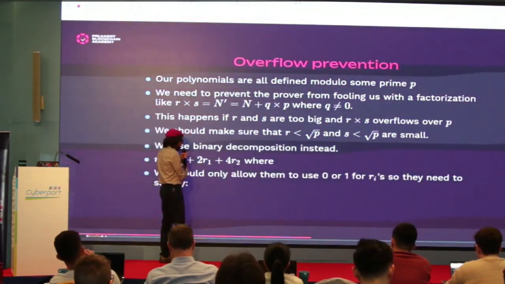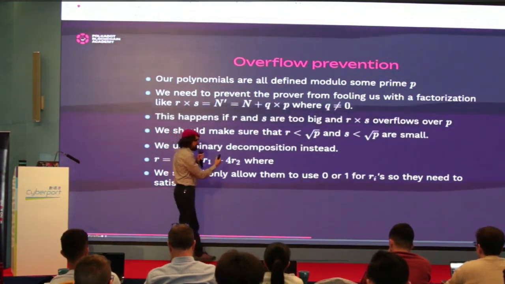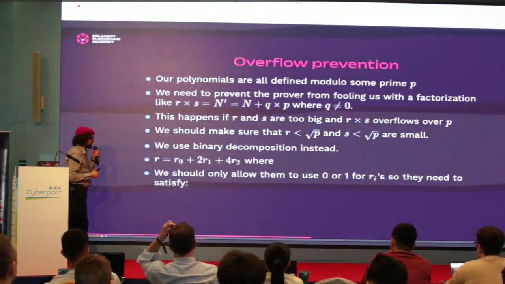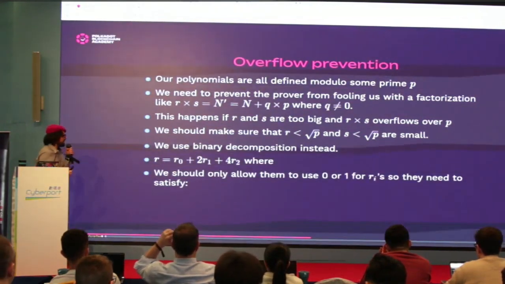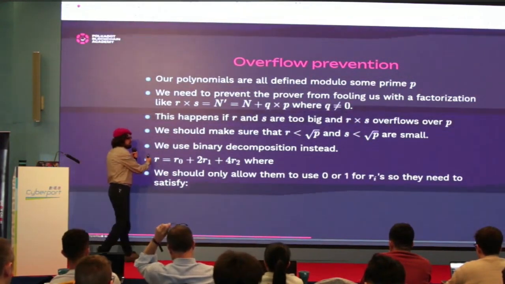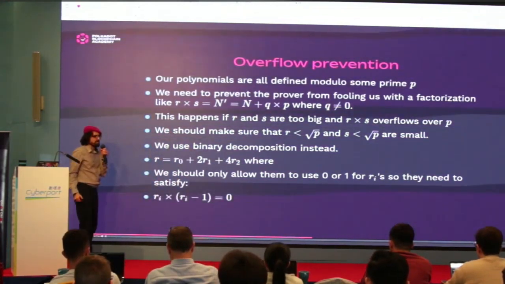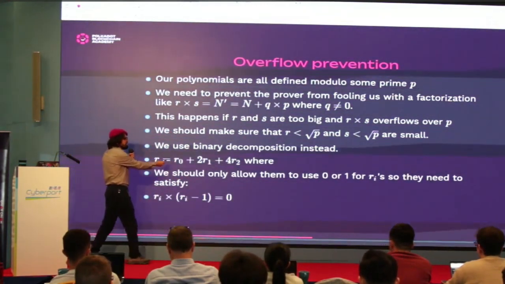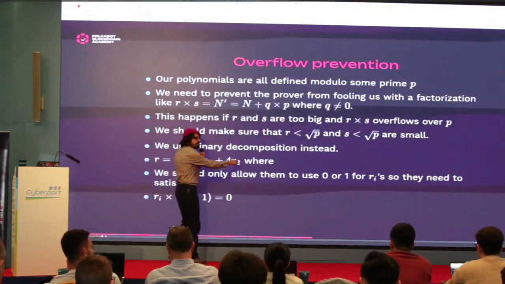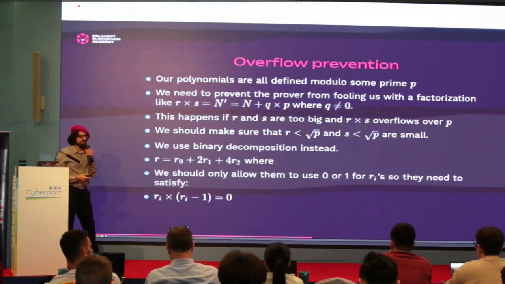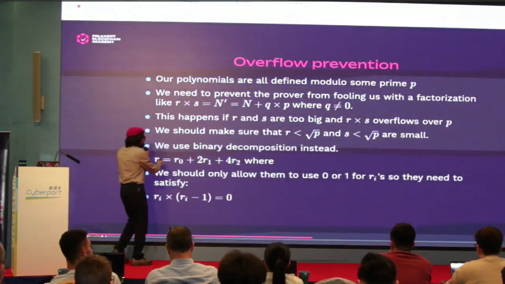The first one, take the first one, add the second one times 2, add the third one times 4, and I will get the R. That should be equal to R. This is equality, so I can enforce this. There's still a caveat here. Because they don't tell me what R0, R1, and R2 are, they can cheat and not put 0 and 1 in it. They can put another value which is bigger, that still works, that I don't see.